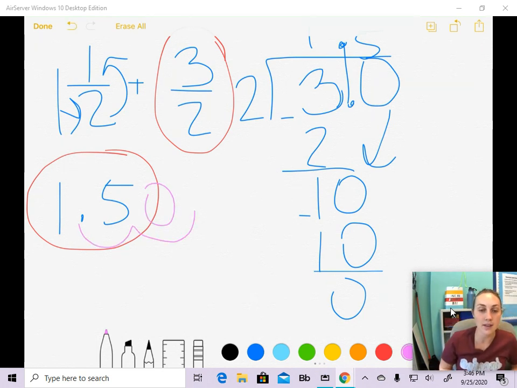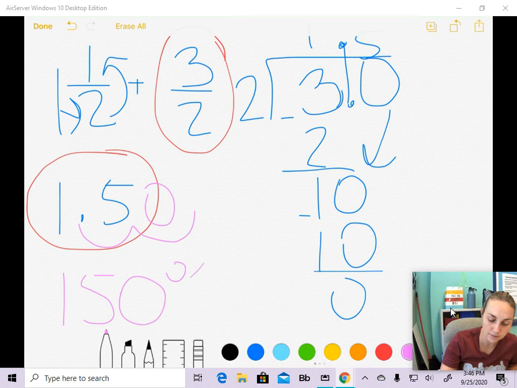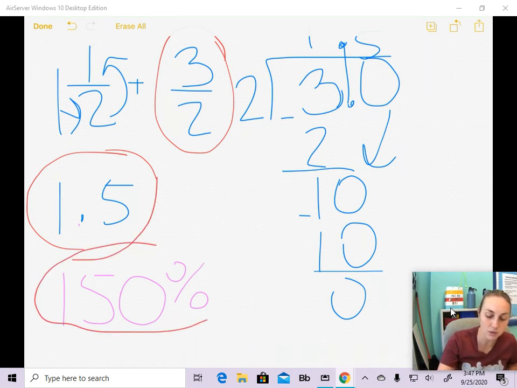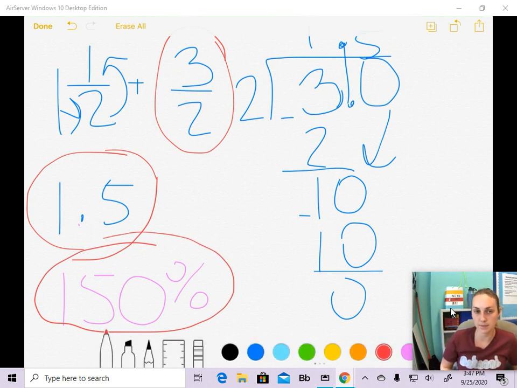And then once you do that, you can add the percentage symbol. So this is going to be 150%. Okay, and I'm going to erase all of this. But now we have the fraction, the decimal, and the percentage, which is going to be 150%.